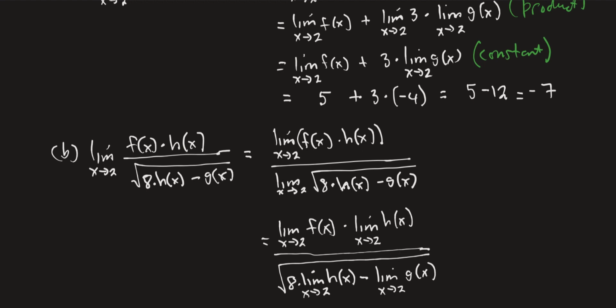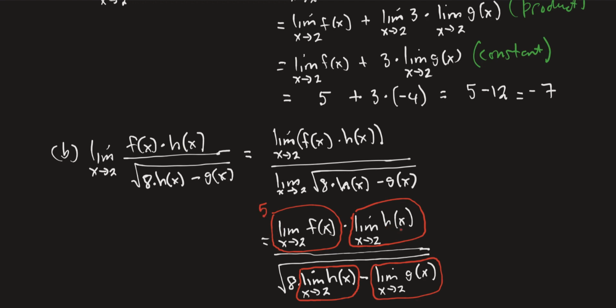Now, let me just kind of box off a couple things. These things that I'm boxing off are given to us. In fact, we used 2 of them in part A. So we know that f of x by itself as x approaches 2 approaches 5.